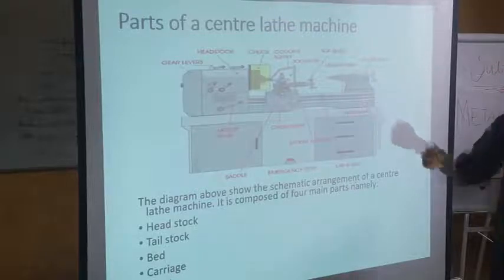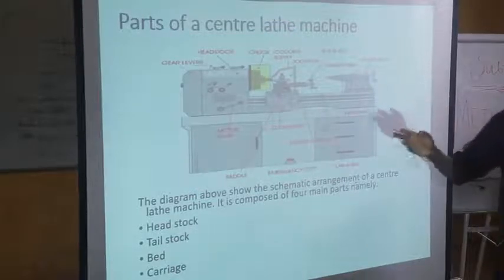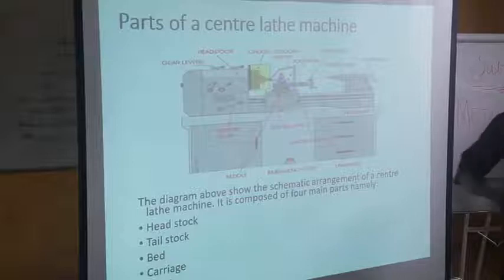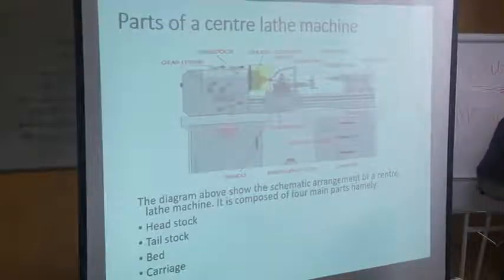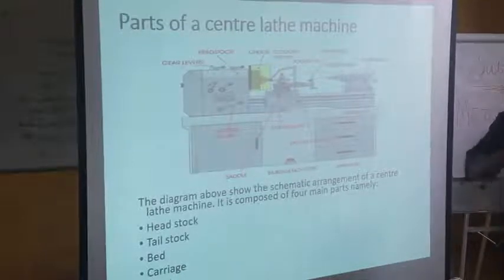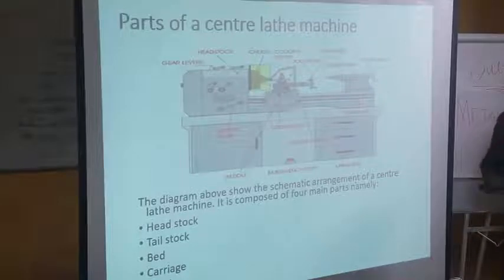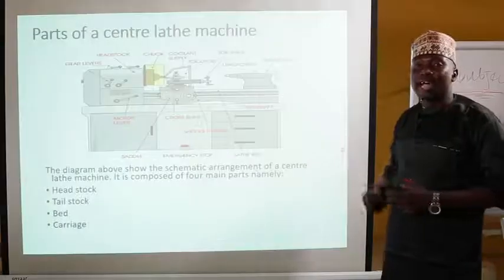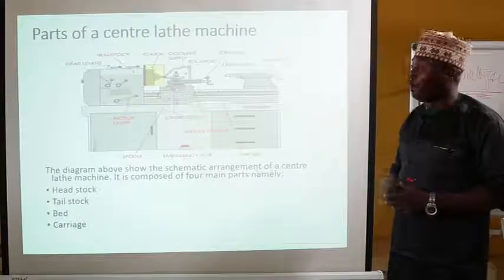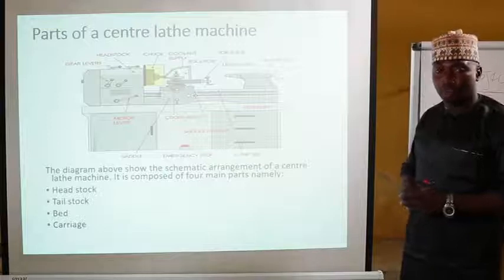With this movement, the carriage is able to move along with the components on top of it, and of course, the tool held on the tool post brings about material removal from the workpiece in the form of chips, giving you the desired diameter or length of turning operation you are to obtain at the end.